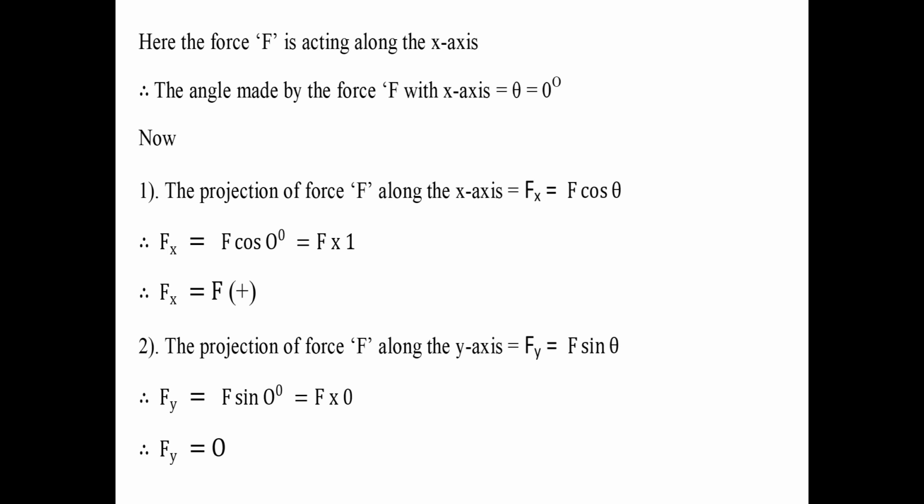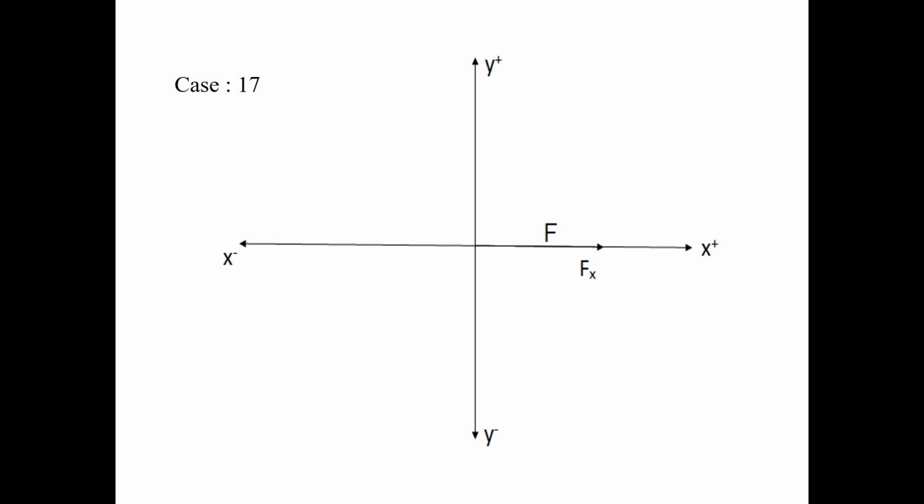So if the force F is acting on the x-axis, then the projection Fx is equal to the force F in this condition. Since this force F is acting on the x-axis, the projection Fx is equal to force F. The direction of force F is towards the positive x-axis.